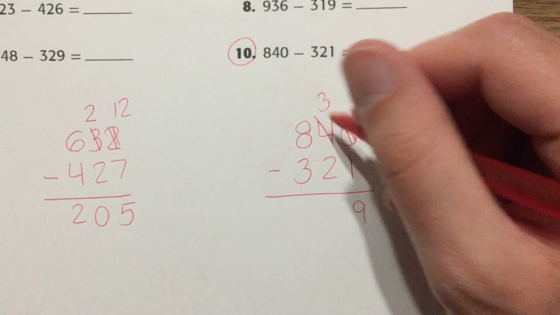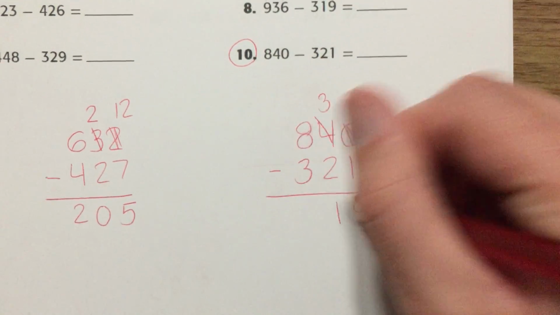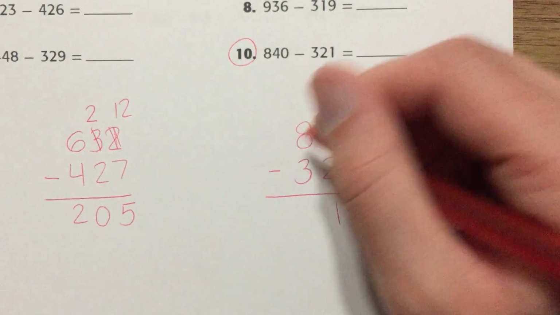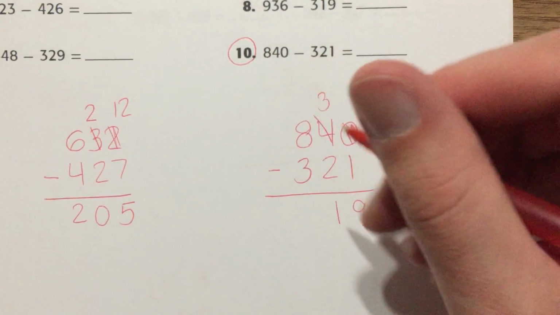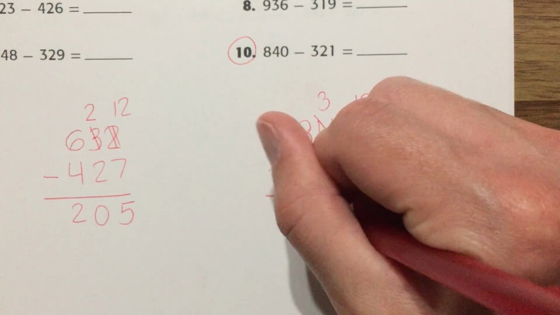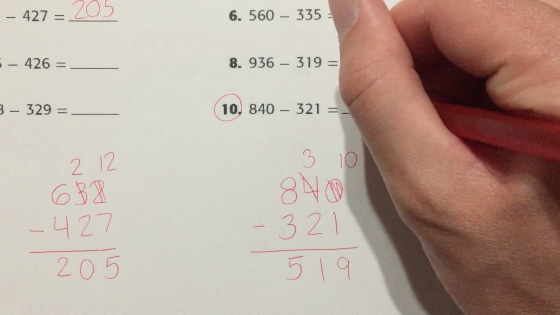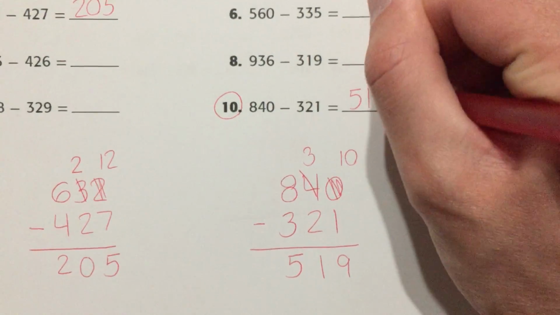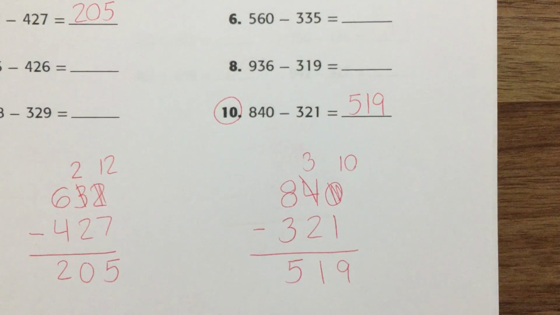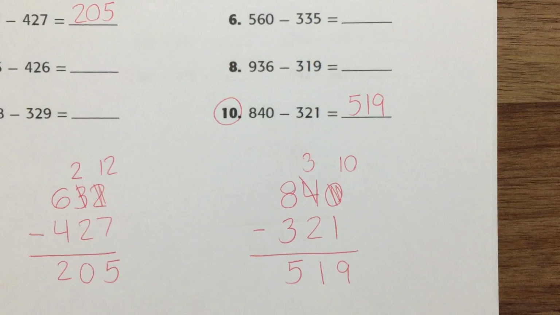We can do that. 3 groups of 10 minus 2 groups of 10 is 1 group of 10. And then 8 groups of 100 minus 3 groups of 100 leaves us with 5 groups of 100, with a final answer of 519. And that is all there is to that one.